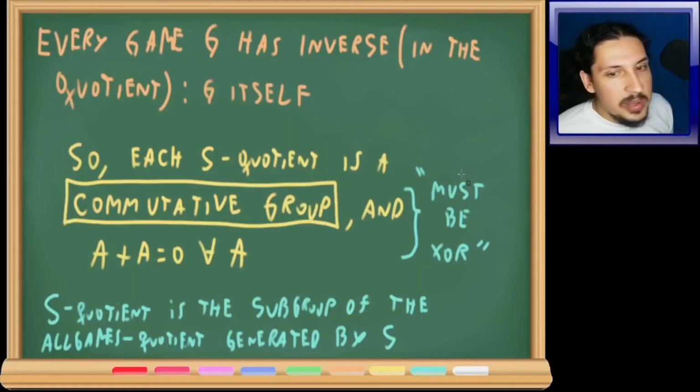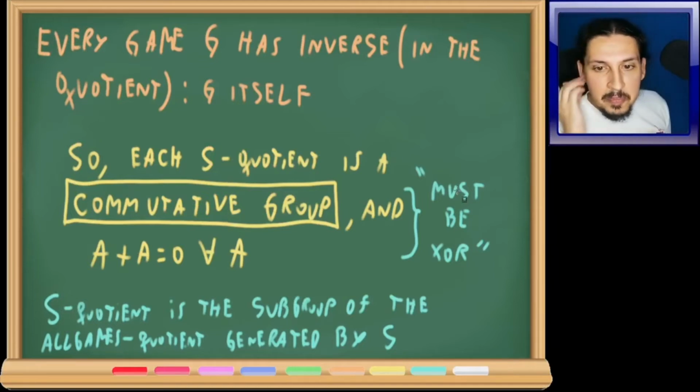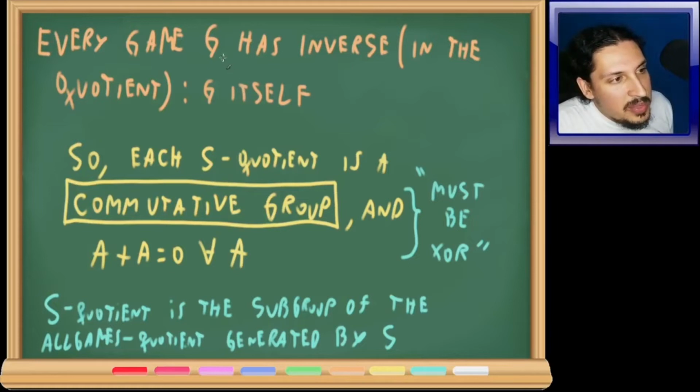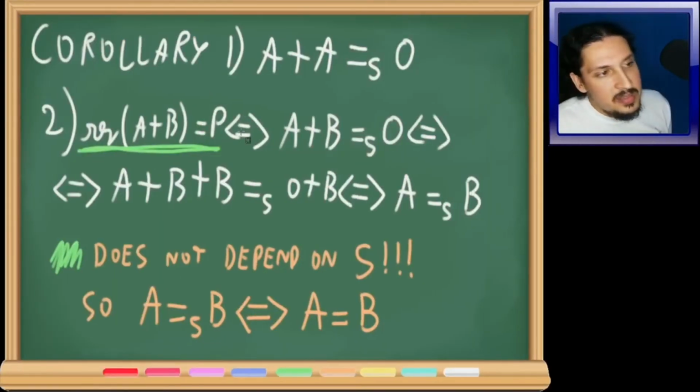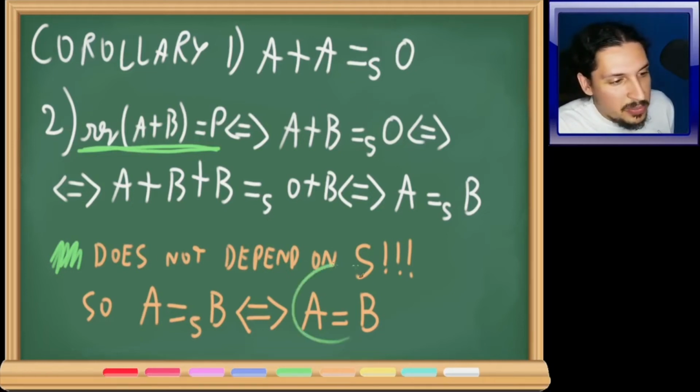Okay, but we can continue and say even more. Because of this, we have that every game has an inverse now, the game itself. This is basically it. A plus A is equivalent to 0. That means that in the quotient of all games, for any class, for example the class of A, the class plus the class itself is the class of 0.